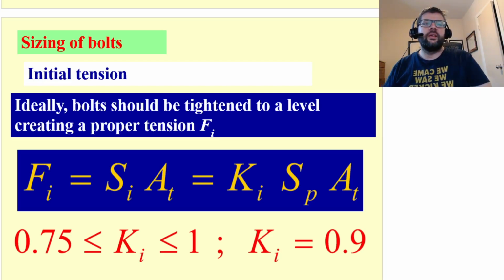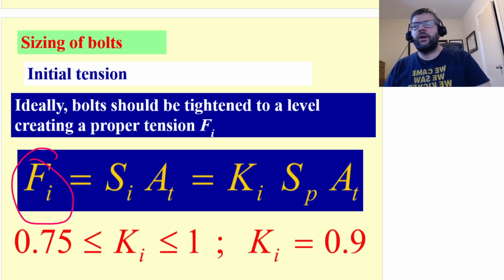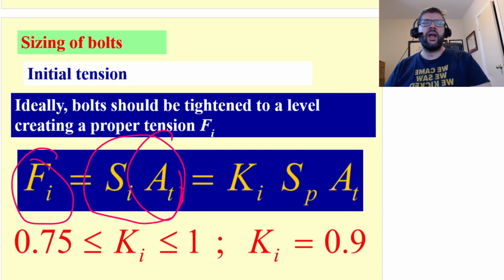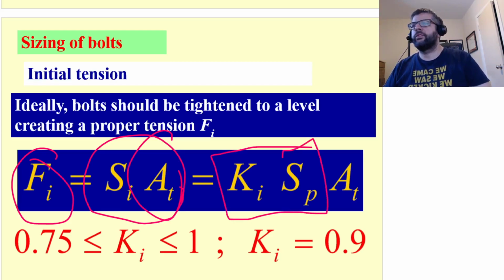The initial tensioning is going to cause a certain amount of force, and that's going to cause a certain stress level in our threaded area.